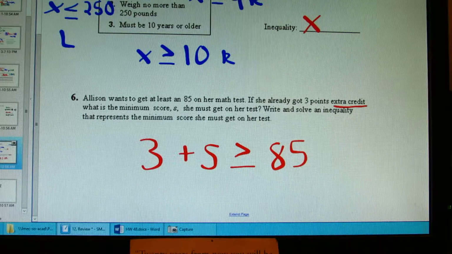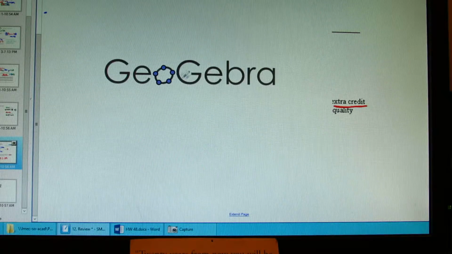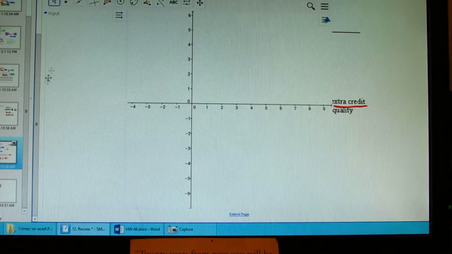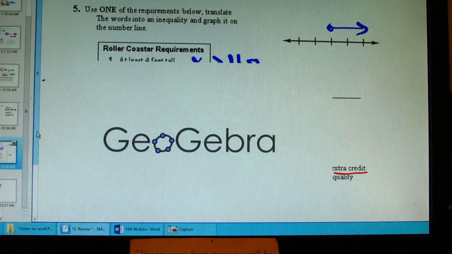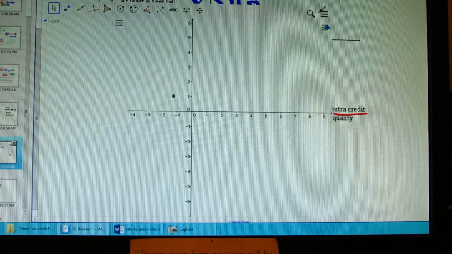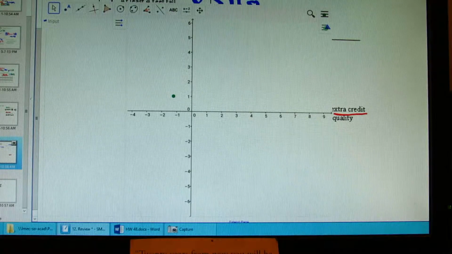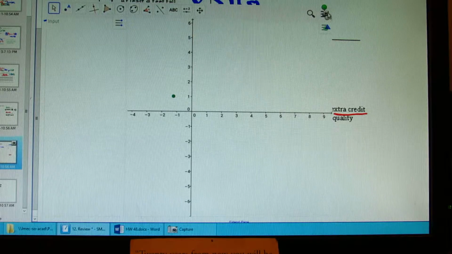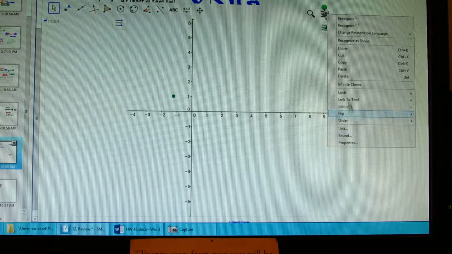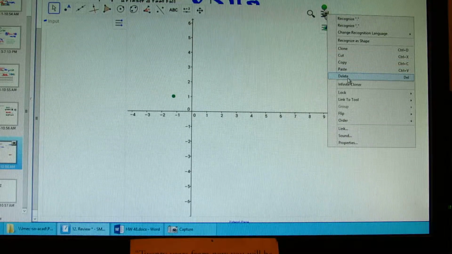How do you solve it? You look and see what kind of operations were going on here. Oops. Open up some crazy math board here. Did it go away? Good, it went away, I think. No, it didn't. Ah! Go away. Oh no. We're stuck.